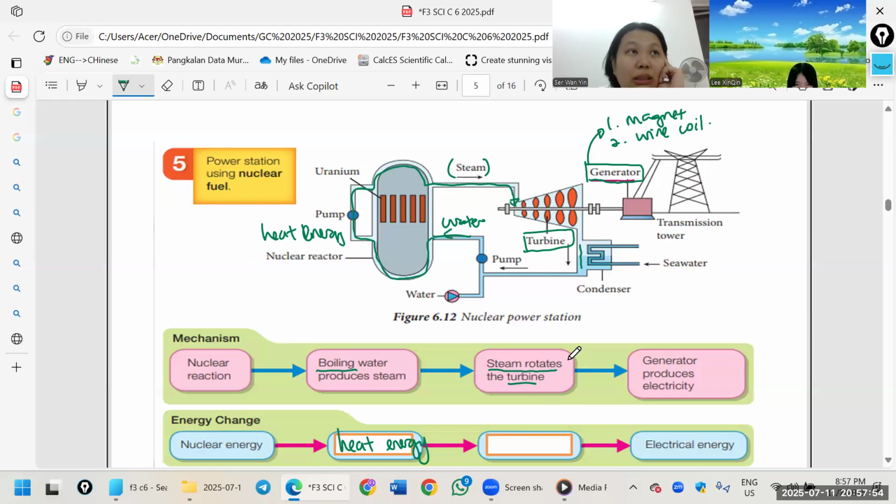Rotate means movement, which means kinetic energy. And the generator produces induced current. All right, so you produce electrical energy.